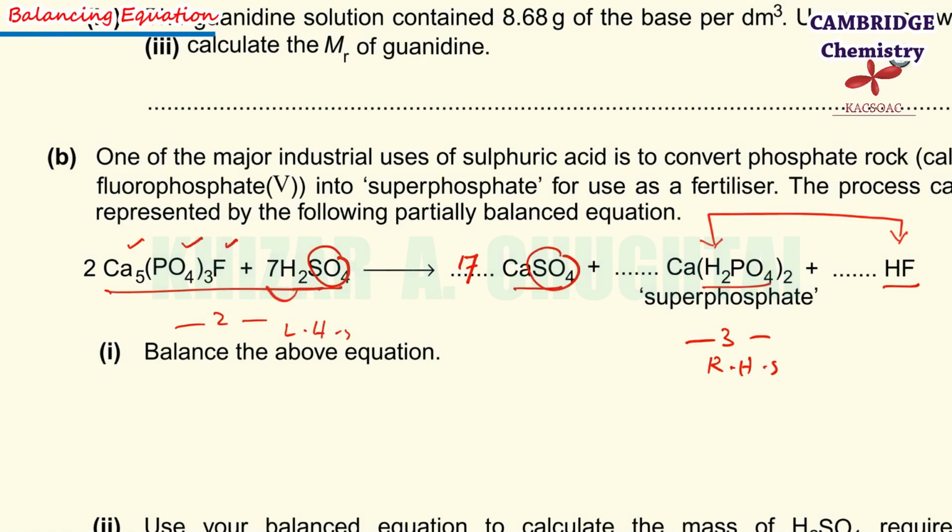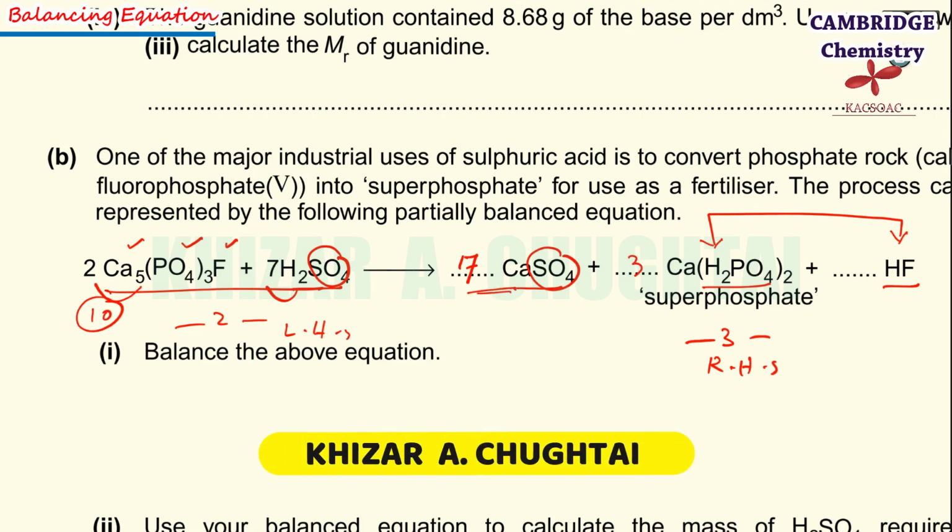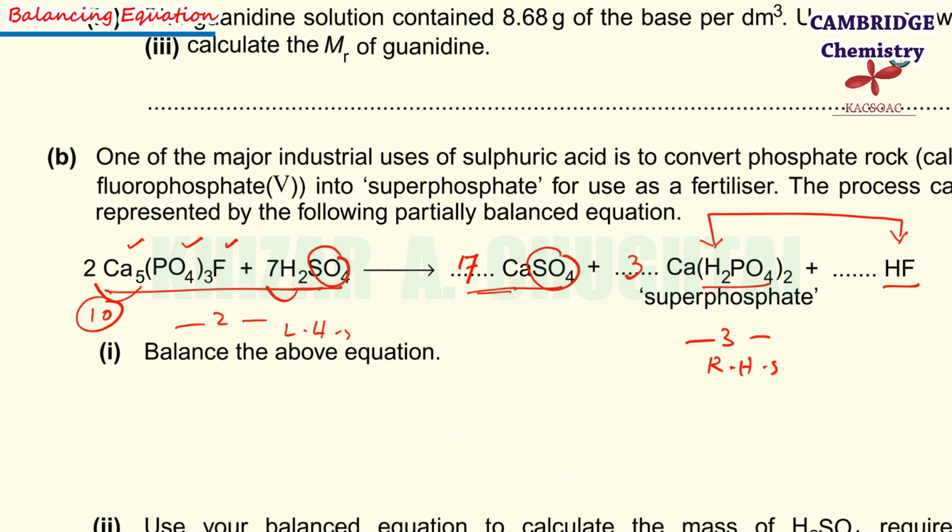First of all, let me balance the calcium now. 2 5s are 10 calcium atoms are over here, and on the other side 7. I'm going to put 3 over here to balance the calcium atoms. So now calcium is balanced, sulfates are balanced.